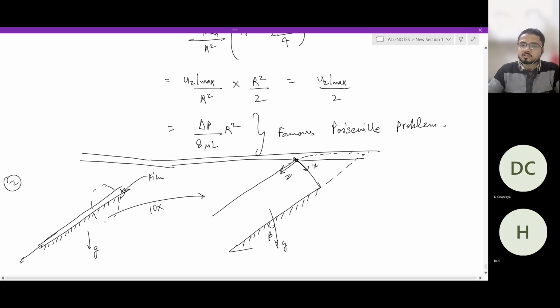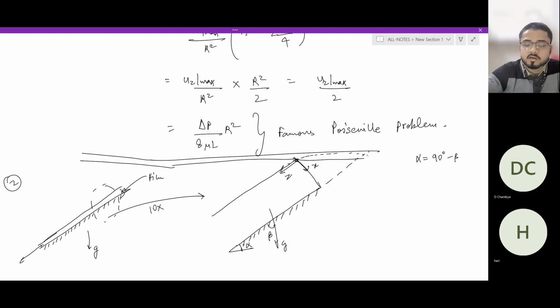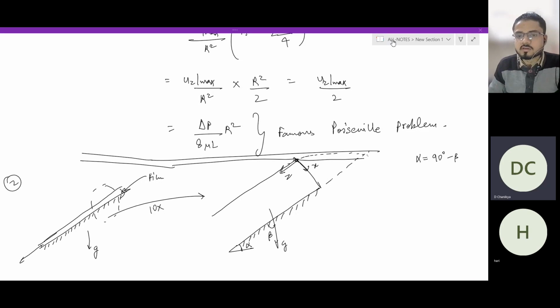And if this angle is alpha, then you can always write alpha equals 90 degrees minus beta, right? You understand this part, right?